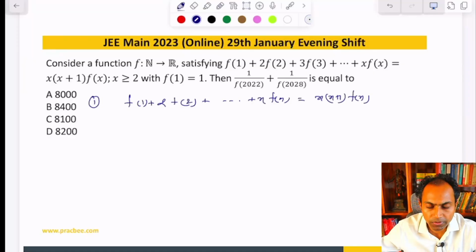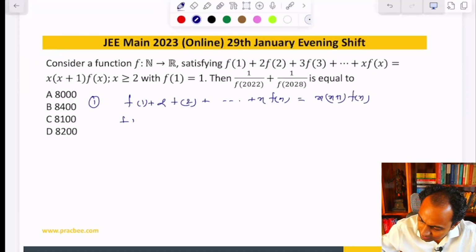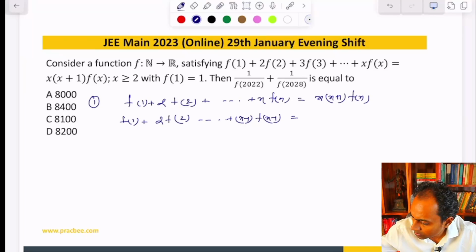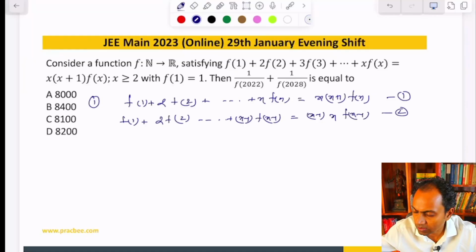So what we can do here is, instead of x, I can substitute x minus 1. And if I do so, just one integer short, this will become x minus 1, x f of x minus 1. This is my first equation, this is my second equation.